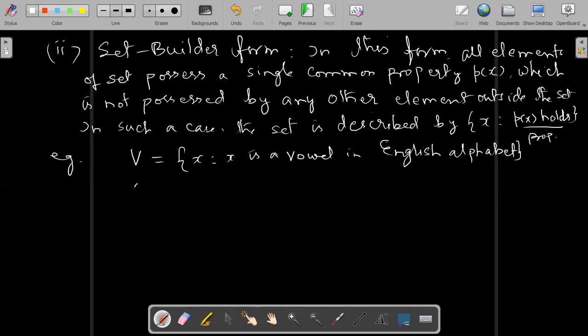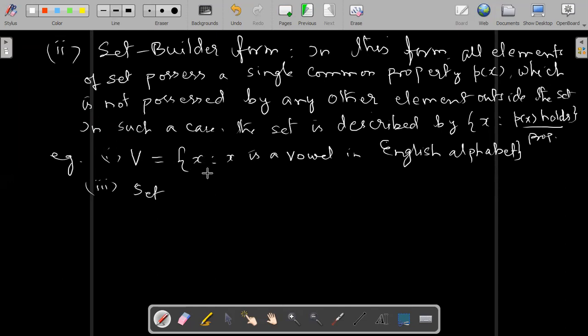Let there be the set of all natural numbers less than 10. How will we write the set? Now we are using mathematical terms for showing this property. Sometimes we have to use less than, greater than.